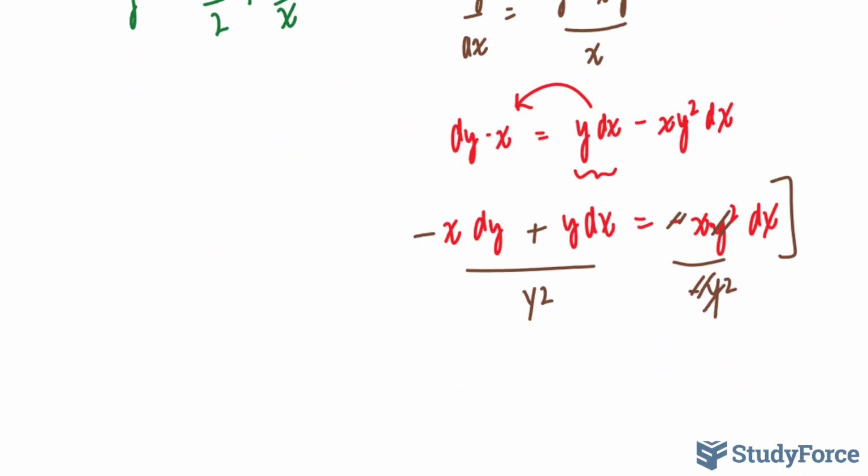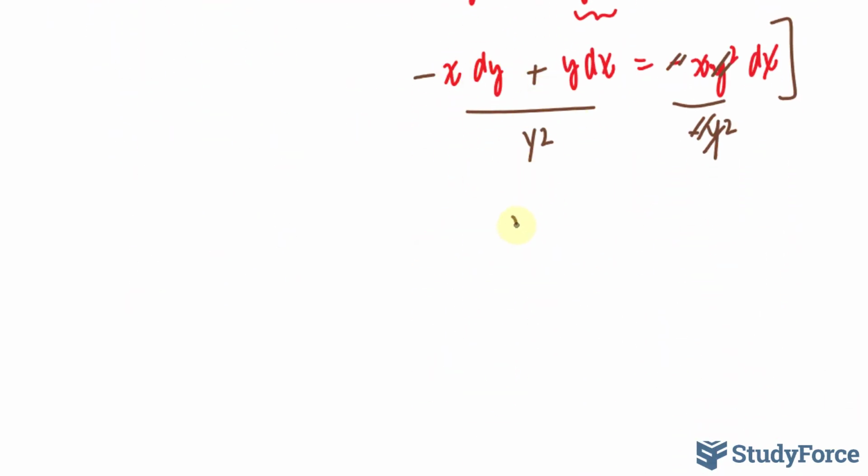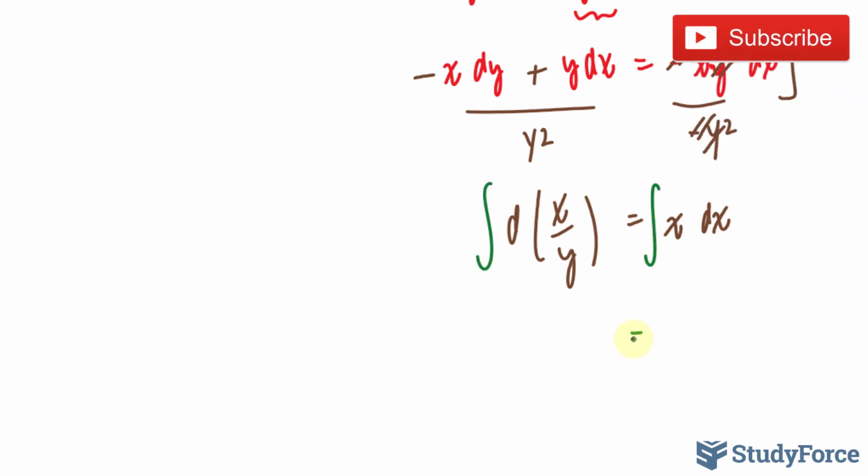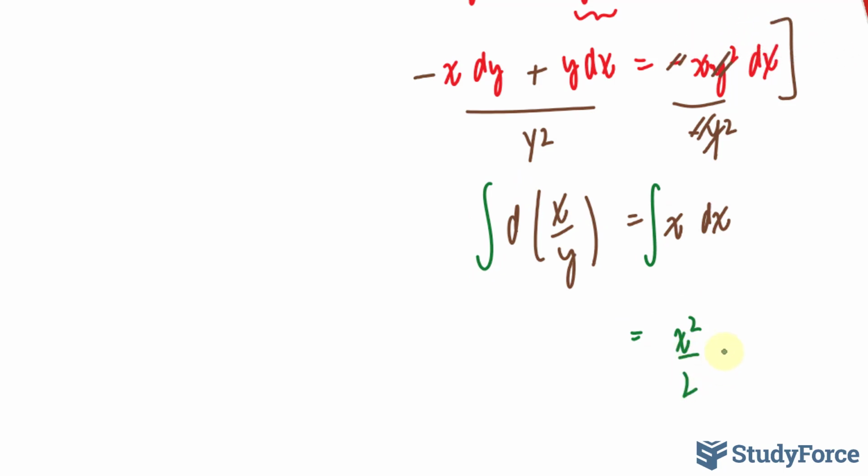Therefore, I will switch the left side to d of x over y is equal to x dx on the right side. This integrates to x squared over 2 plus c, and the left side becomes x over y.